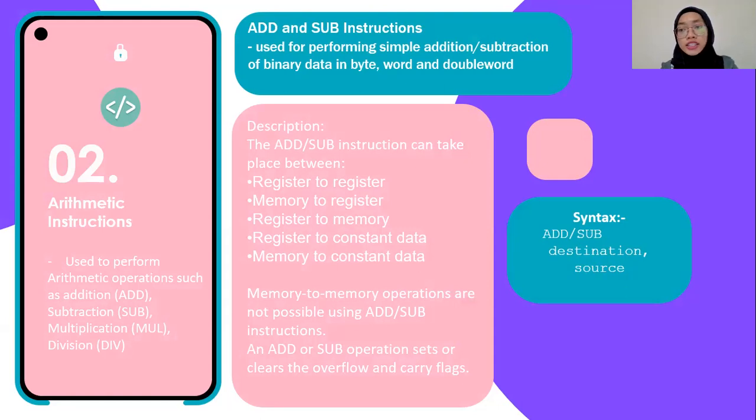There are actually more than these basic operations, such as increment, INC, and decrement, DEC. But for this case, I am going to focus on ADD and SUB instruction. Basically, ADD and SUB instructions are used for performing simple addition or subtraction of binary data in byte, word, and double word.